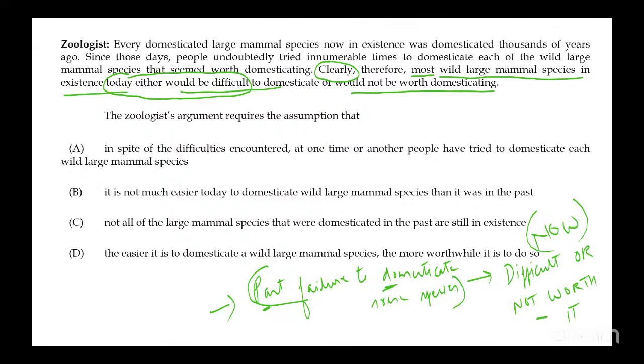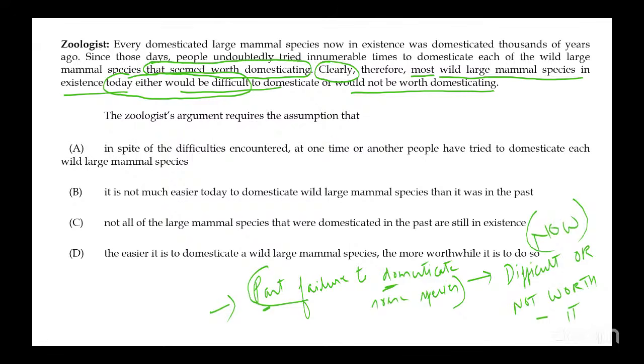Notice how it says, people undoubtedly tried innumerable times, right? I'm reading the second line of the paragraph, everyone. Tried innumerable times to domesticate each of the wild large mammal species that seemed worth domesticating.